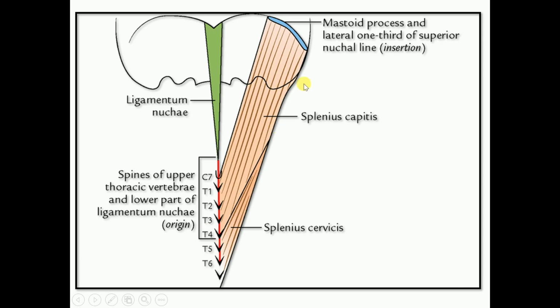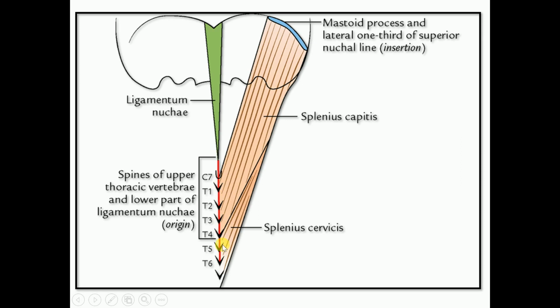Origin is below and insertion above. The splenius muscle arises from the lower portion of the ligamentum nuchae, spine of C7, and spines of the upper four thoracic vertebrae. That is the actual origin of the splenius capitis. But in short, spine of C7 to T6 vertebra is the origin of the splenius muscle itself.